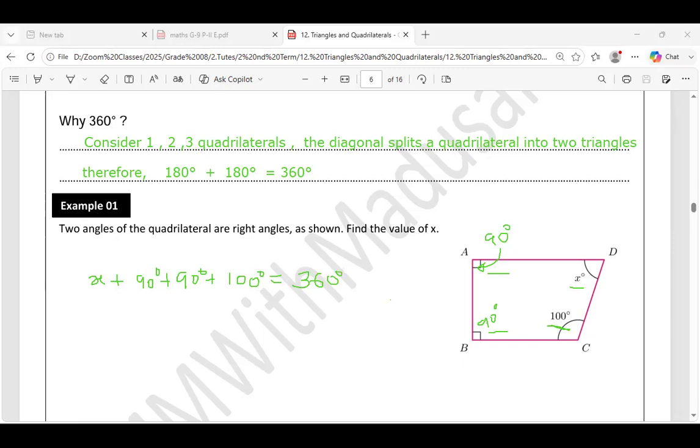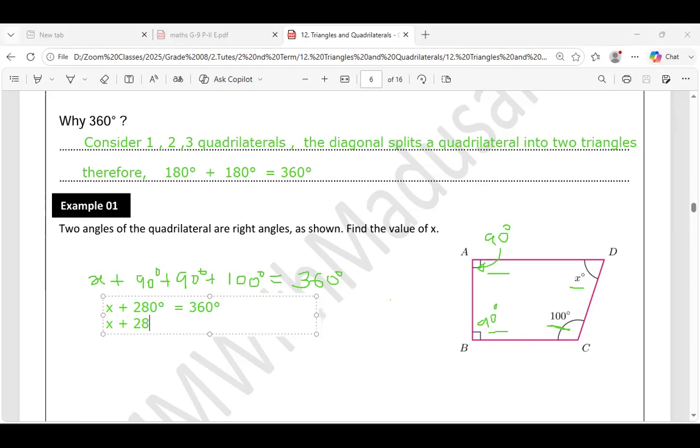So how to do the rest? x plus 90 plus 90 is 180, and 100 gives 280. x plus 280 degrees is equal to 360 degrees. Then you know what to do.